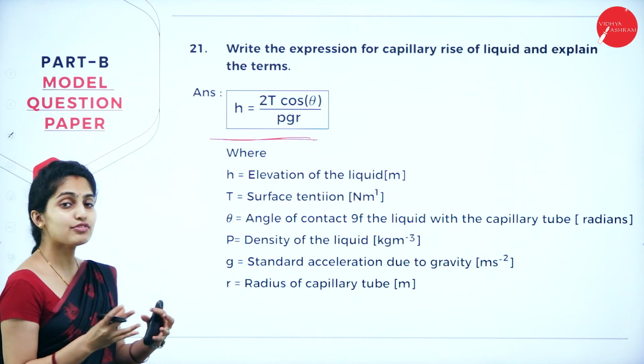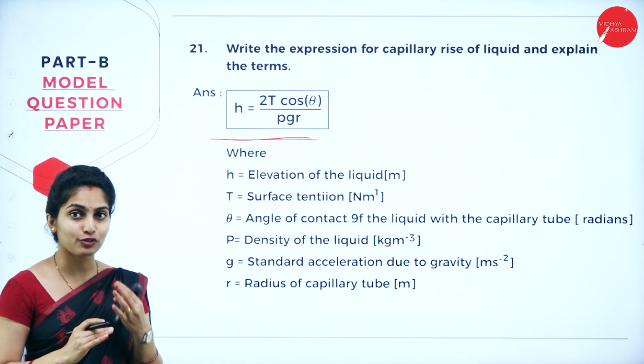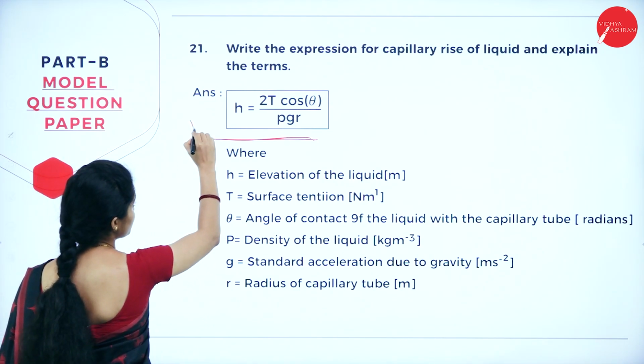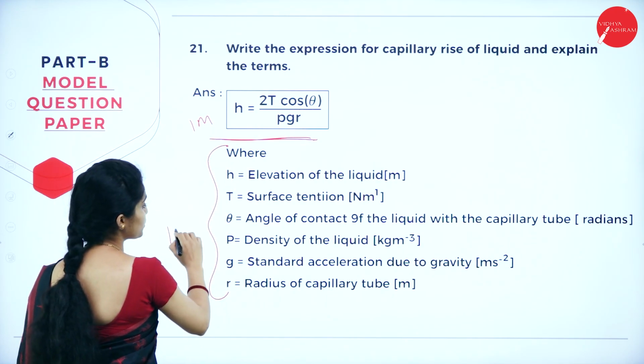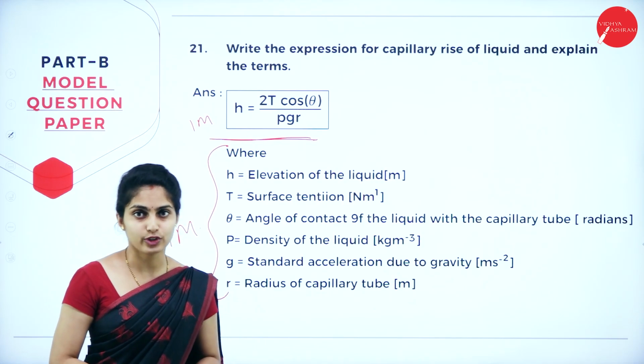Okay, under capillary rise, we have this equation for the capillary rise of liquid, and we will have to explain the terms. So 1 mark to this expression and 1 mark to explaining the terms. This is how we divide this set of questions.